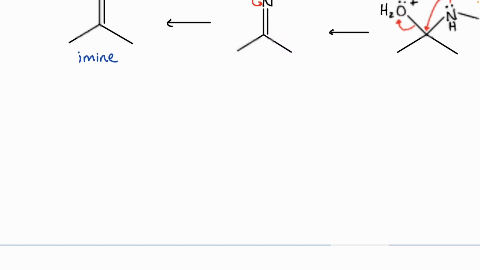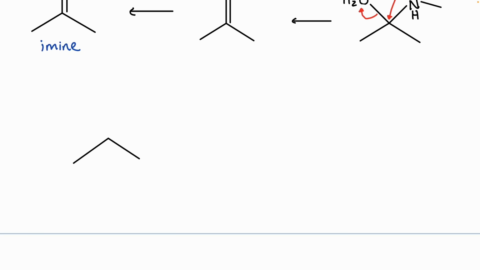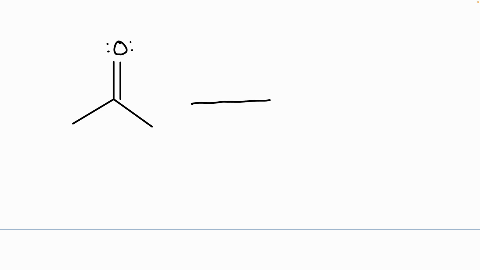All right, so just to kind of summarize here, without all the steps in our mechanism. I'm going to do generic primary amine. So it's got this R group on there.